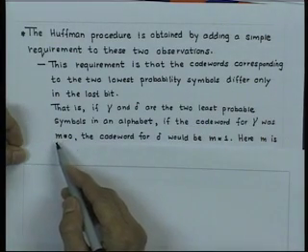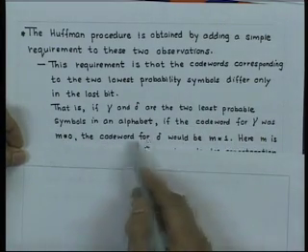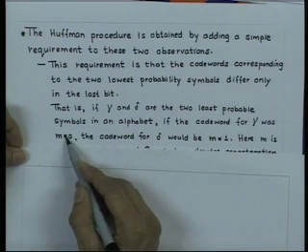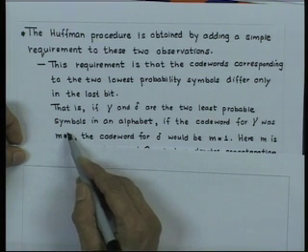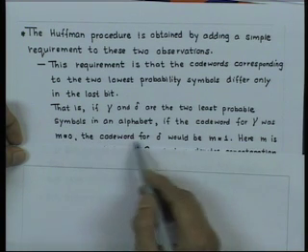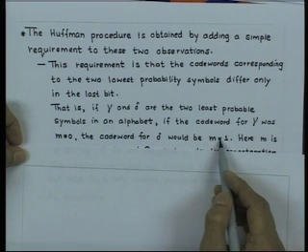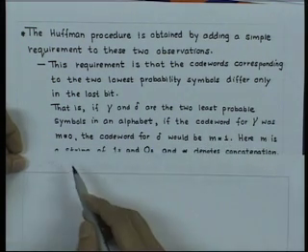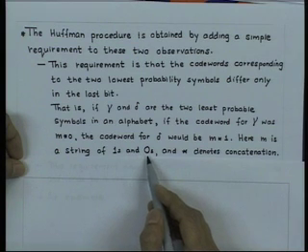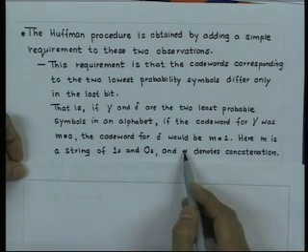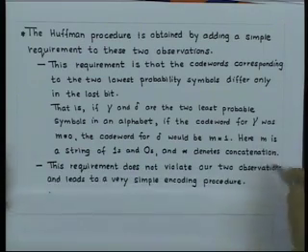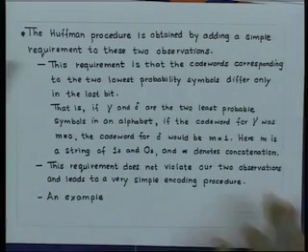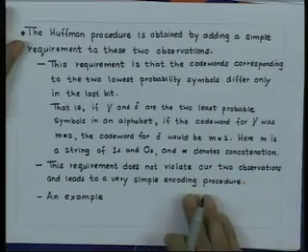So, M denotes the code word binary string, and the last code symbol in this code word is 0. The code word for delta would be M star 1. Here M is a string of ones and zeros because we are considering a binary code, and this star denotes concatenation. Now, this requirement really does not violate our two observations and leads to a very simple encoding procedure.